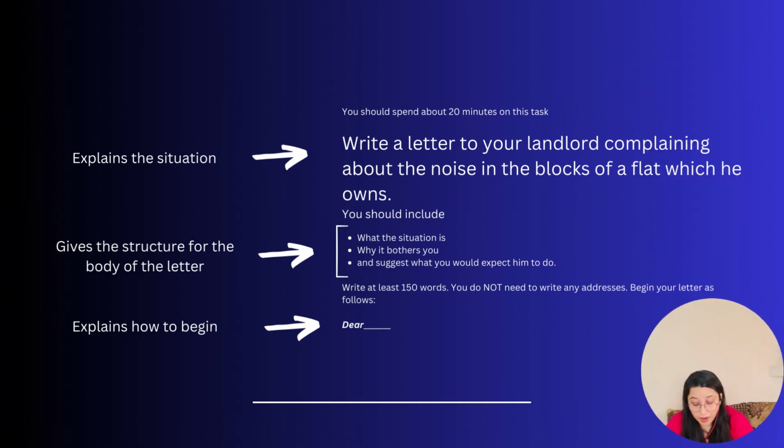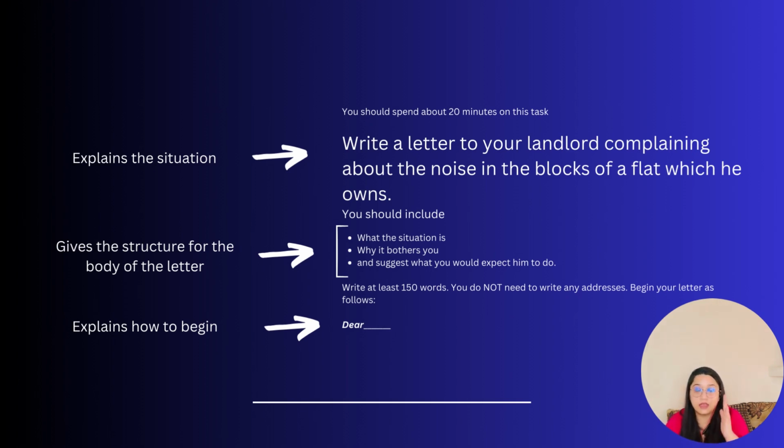So the introductory part, or you can say the statement of the question, write a letter to your landlord, gives you the exact situation, what it is, and also helps you identify what kind of letter it is, whether it is formal, informal, or semi-formal. Again, the bullet points give you the structure of the body of the letter.